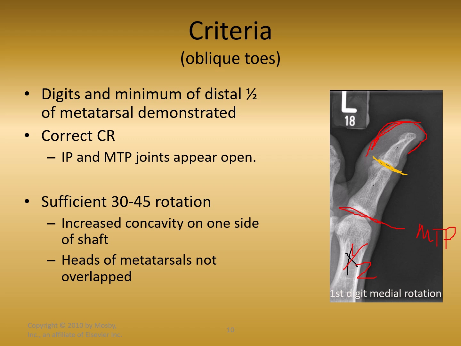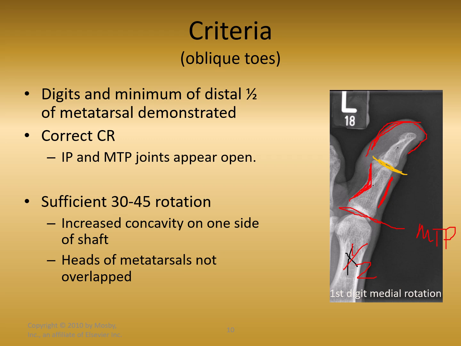Also, the concavity that I can see here on the plantar surface of that phalanx, more so than on the dorsal surface. See, the dorsal surface looks a little bit more straight. It's not as concave as that plantar surface.